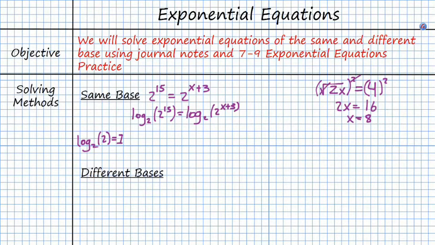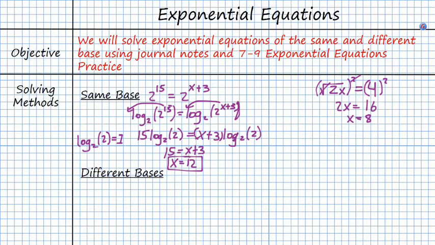And due to my power rule, the exponents are going to come out to the front. So now I'll have 15 log base 2 of 2 is equal to x plus 3 times log base 2 of 2. But we know that log base 2 of 2 is just 1. So we have 15 is equal to x plus 3, and then x is equal to 12.